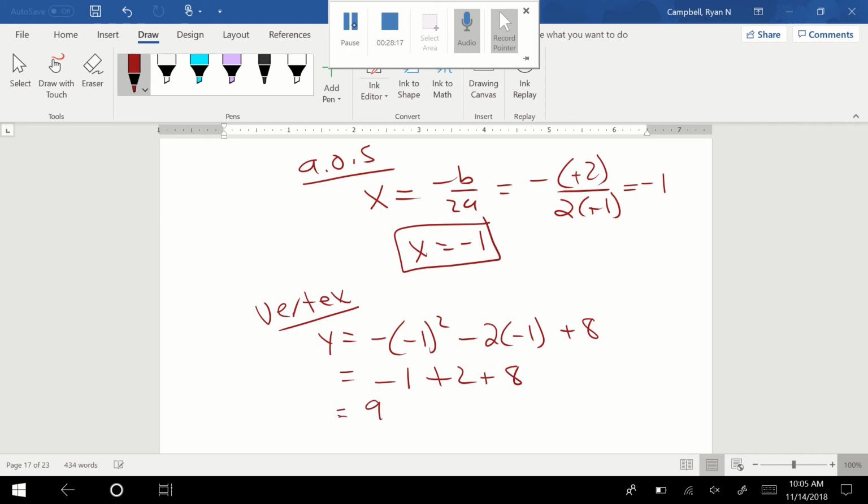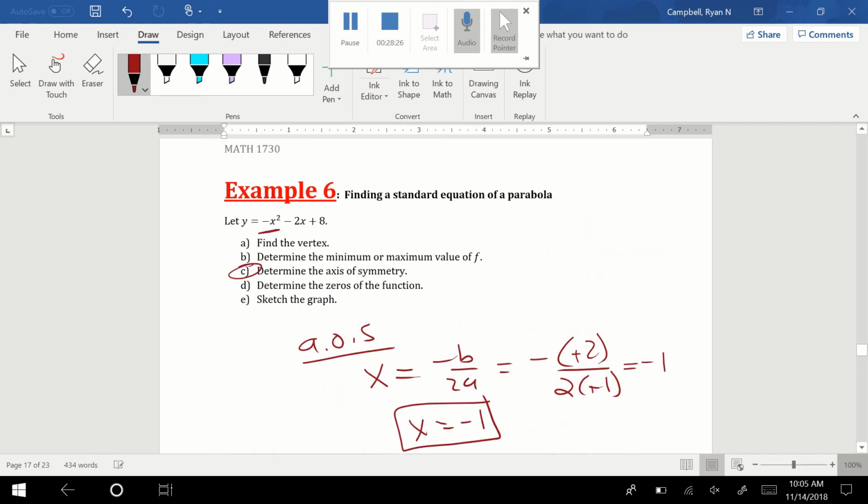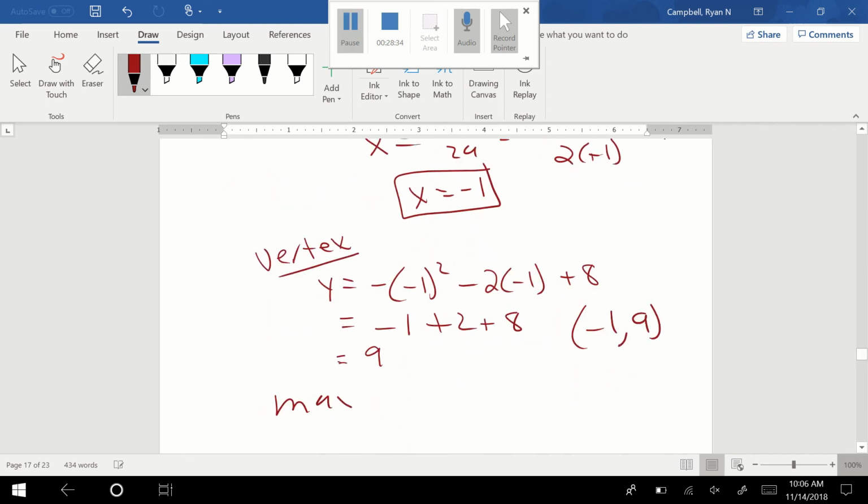So we end up with positive 9. So the vertex is going to be negative 1, positive 9. We know that since the front number is negative, it's going to open down. So if it opens down, we're going to have a maximum point. So for part B, our maximum value is 9.